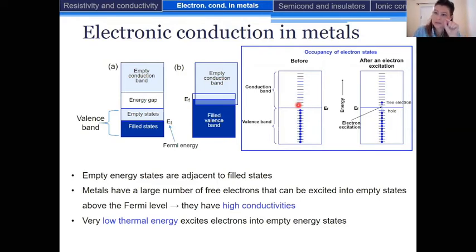And so they will tend to be in an energy state higher than the Fermi level, and so they will be able to contribute to electronic conduction because they will tend to be free electrons.